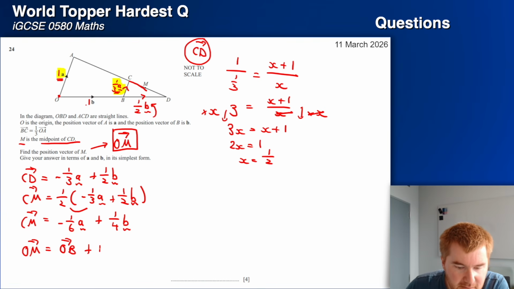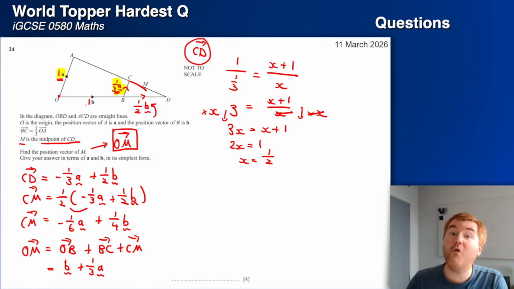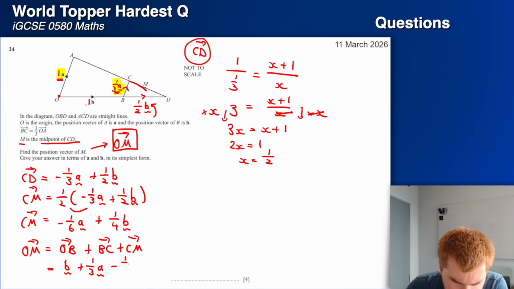So OB plus BC plus CM. Okay, what's that going to look like? Well, OB is just B, and BC is given in the question, so 1/3 A. And then all that work has been just to find the vector CM. So that's minus 1/6 A plus 1/4 B.